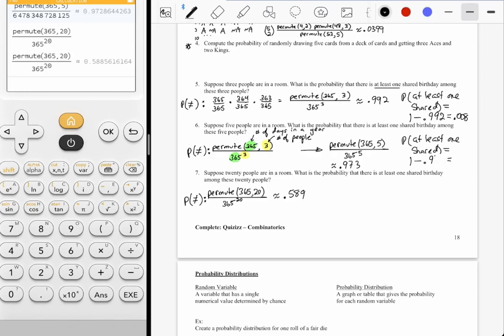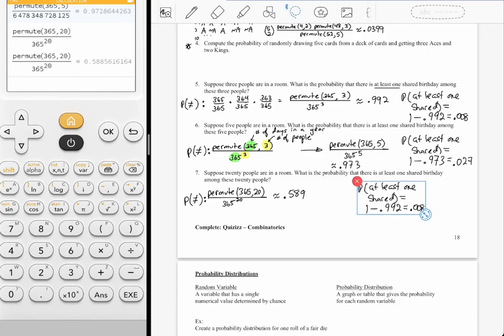So 0.973 subtracted from 1 would be 0.027. And then subtracting 0.589 from 1, that's going to give me 0.411.